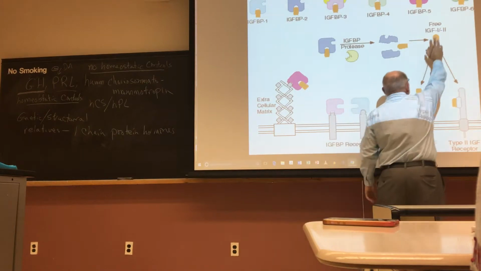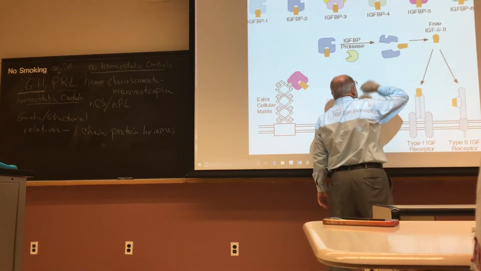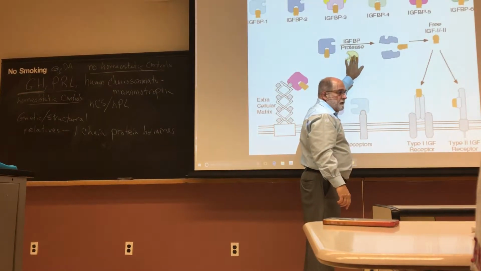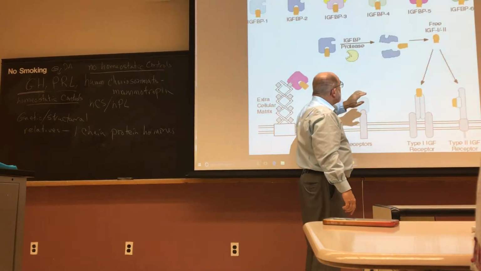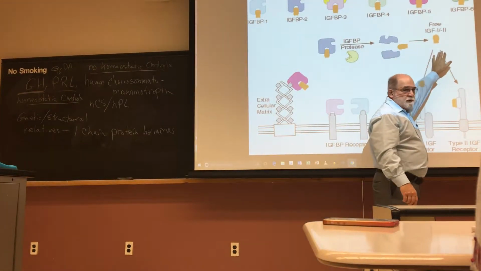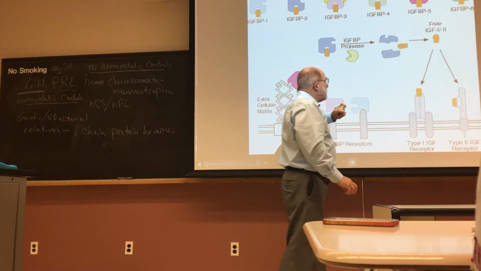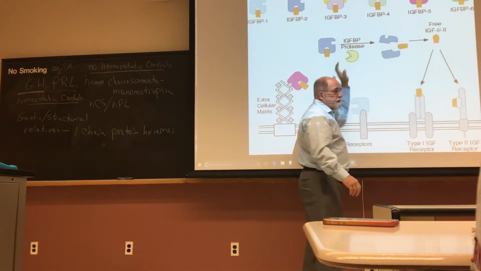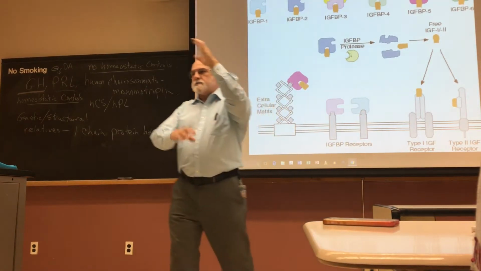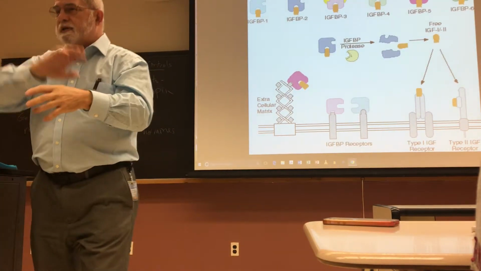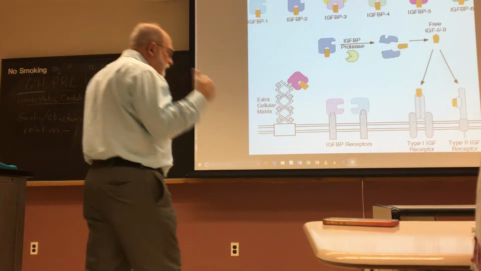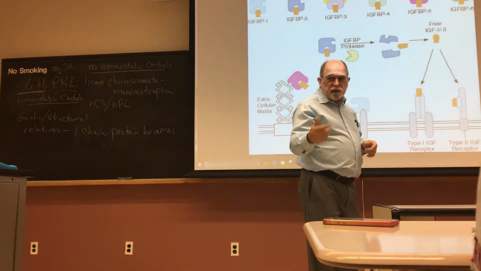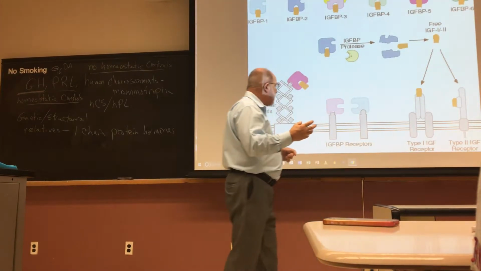So embryo makes that, mom makes that, but then the embryo makes an IGF binding protein protease that cleaves this and makes this more available. But then mom makes an inhibitor for that protease. Okay. So there's a conversation that goes on to optimize the timing and positioning of the site of implantation for that particular trophoblast.